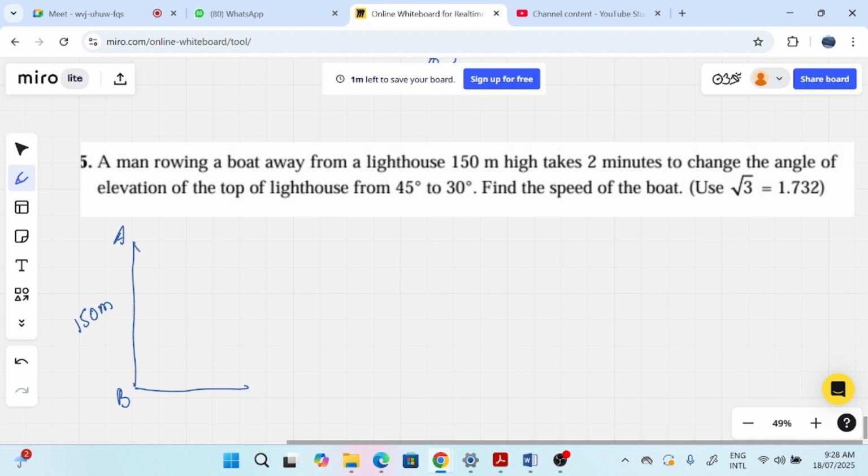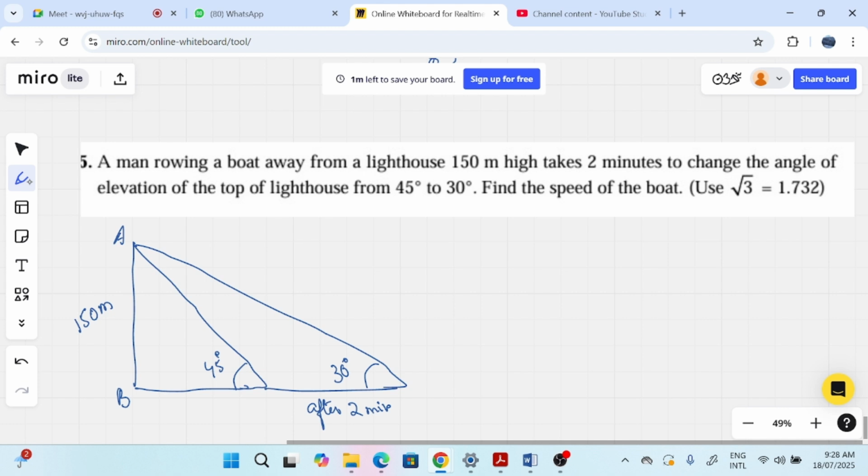Lighthouse takes 2 minutes to change the angle of elevation. From here to here, it was 45 degree angle of elevation. After 2 minutes, that means he moved again, and the angle of elevation became 30 degree, correct? You have to find the speed.